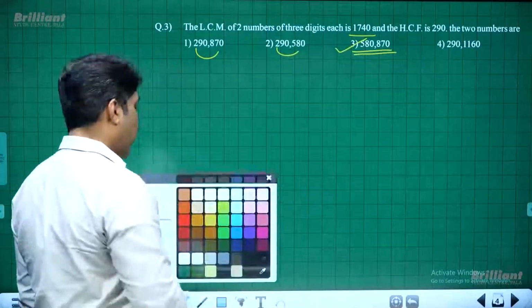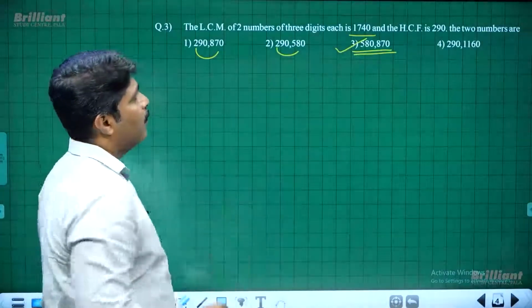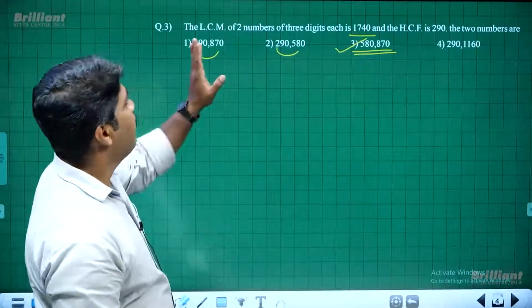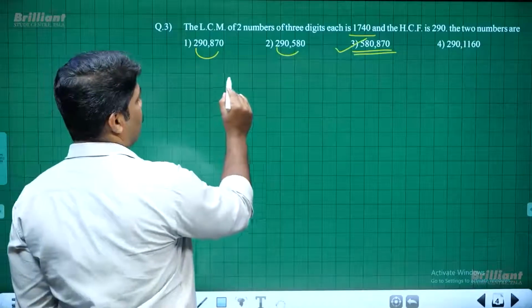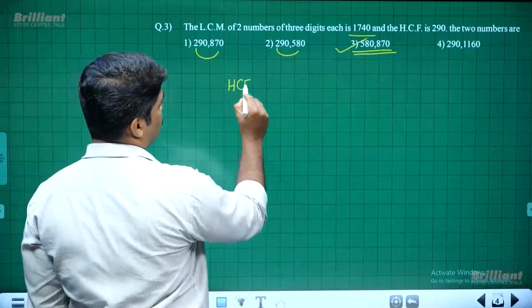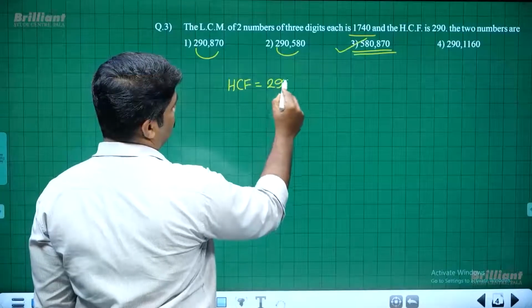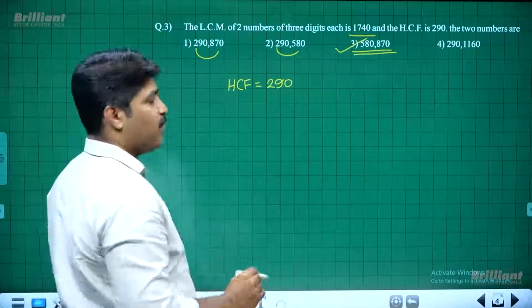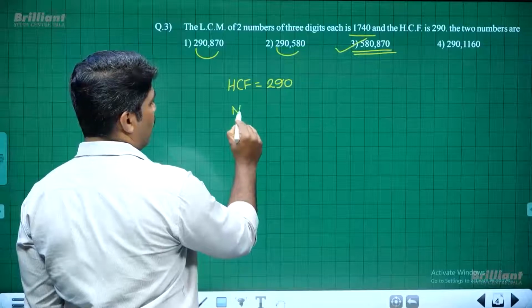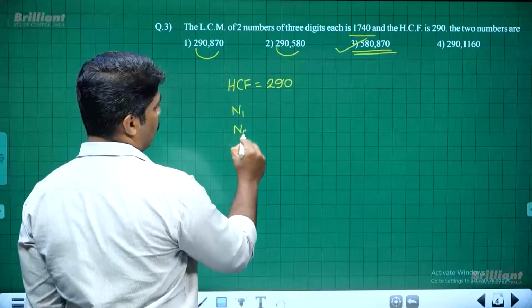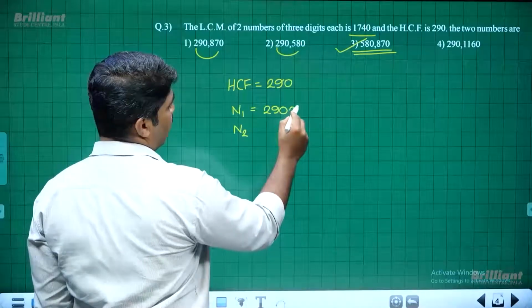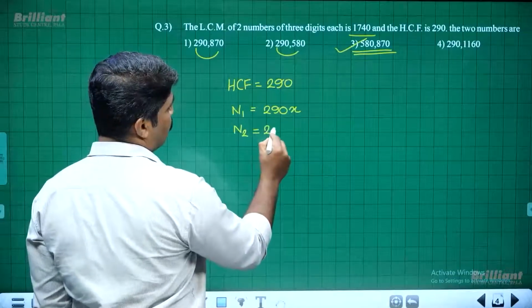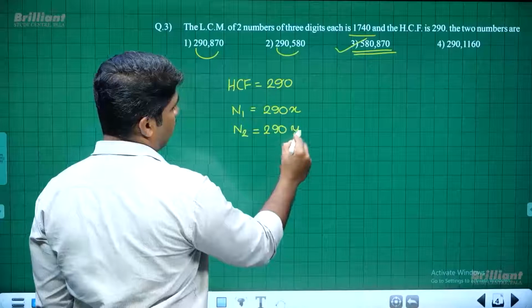Here, first we have to think about the HCF of two numbers as 290. So we can assume those numbers, suppose the numbers are N1 and N2. We can assume those numbers as 290x and 290y. Got it?